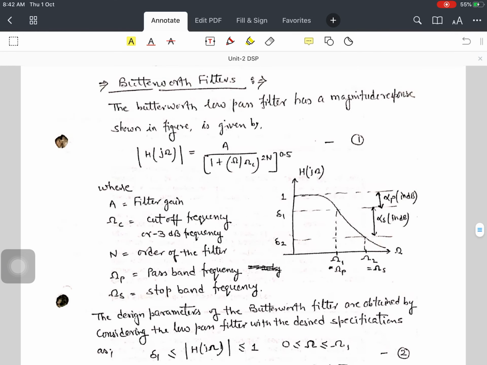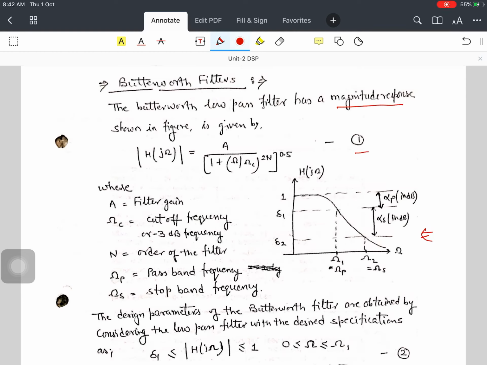So here are some points. The Butterworth low pass filter has the magnitude response shown in the figure.